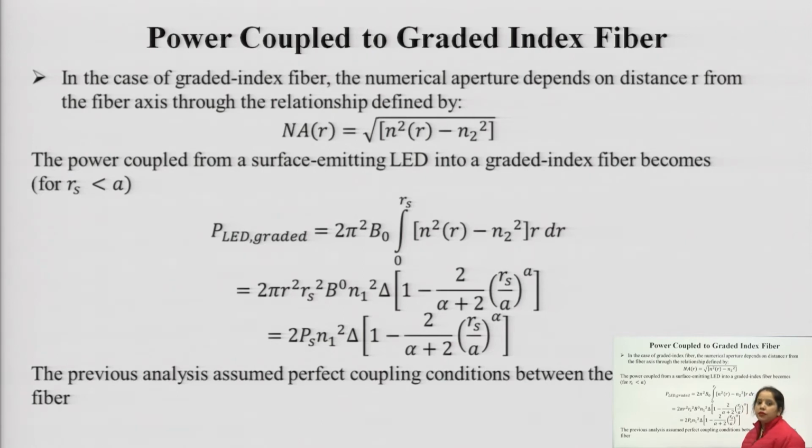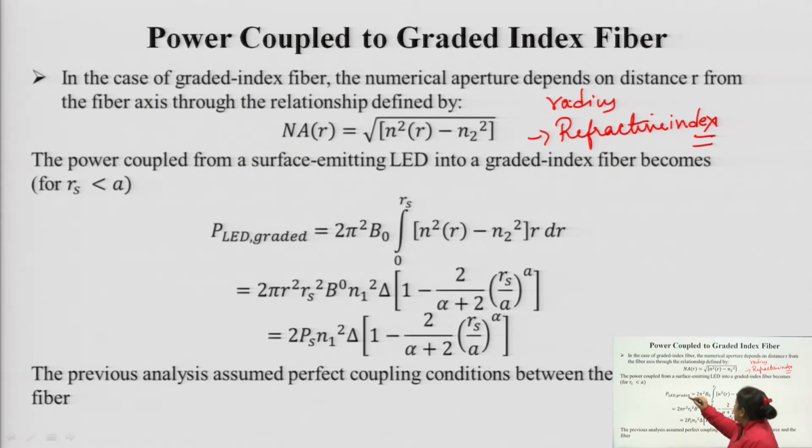Now, the power coupled into the graded index fiber. As already known to you, in the graded index fiber our numerical aperture is a function of the radius. As the radius changes, our refractive index changes. Basically, if we go into the basics, the refractive index is a function of the radius, so we can say the numerical aperture is also a function of the radius.